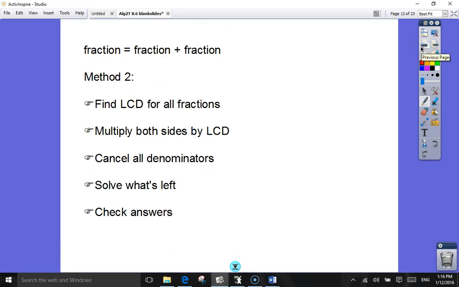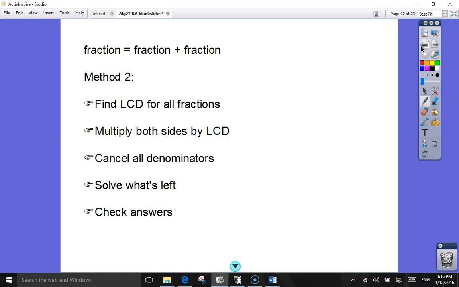All right. The other option is, instead of having to do that, which I can tell you in this case led to us having one more solution than we needed, which was extraneous anyways. Instead, find the LCD for all the fractions. Multiply both sides by that LCD. We're not finding common denominators here. Right? What we're trying to do is cancel all the denominators.